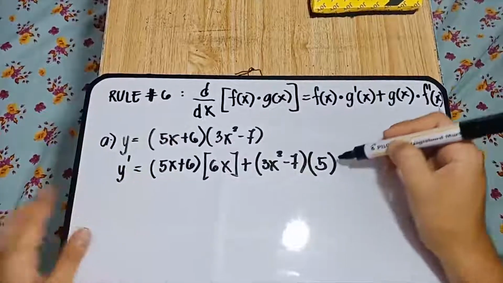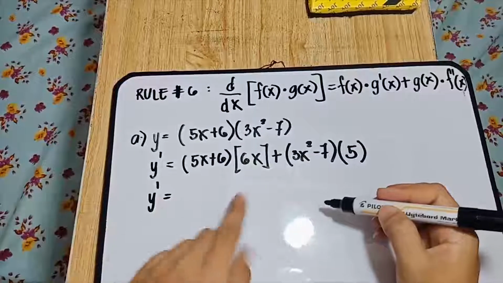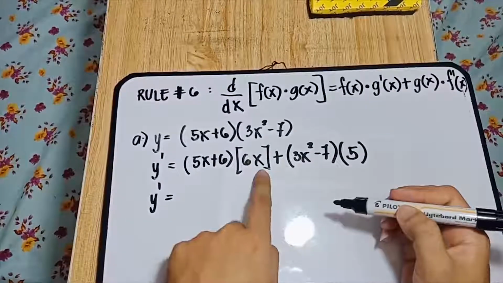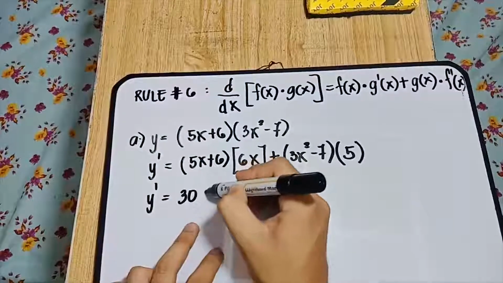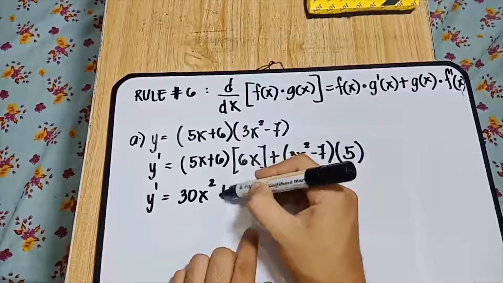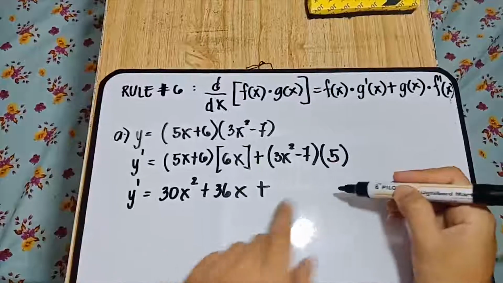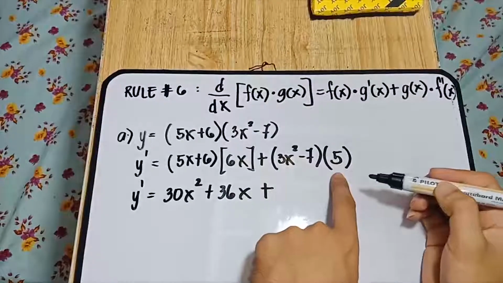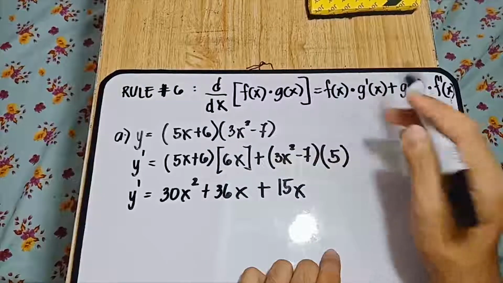So, 5 lang yan. Therefore, simplify natin. Our answer will be, distribute natin 'to. 6x multiplied by 5x, that is 30x squared. Then 6x multiplied by 6, that is 36x. Plus 3x squared multiplied by 5, that is 15x squared.